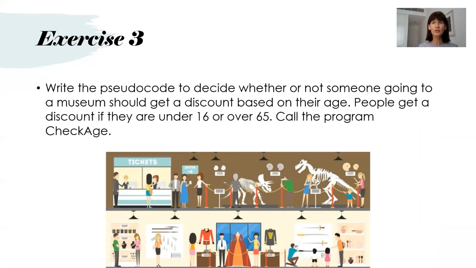This time I have not shown you an example because I'm hoping that by now you've got the general trend of how we put program and the name of the program, which would be check age, then the colon, you start indenting, you're going to input something, you need to think about that, and then you need to do an if, then, and else statement over here. I'll let you carry on with that. Please pause the video now, and I will show you the solution in the next slide.